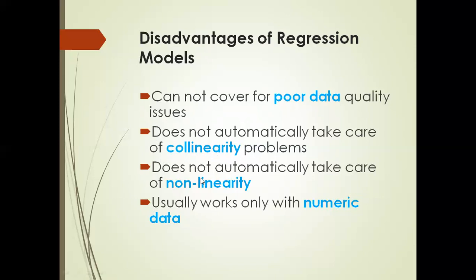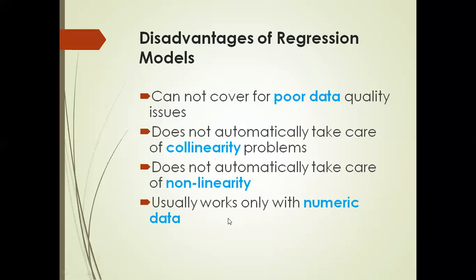The next disadvantage is that regression models do not automatically take care of non-linearity. The user needs to imagine the kind of additional terms that might need to be added to the regression model to improve its fit. Then the last disadvantage is that regression models work only with numeric data. Have you understood this?